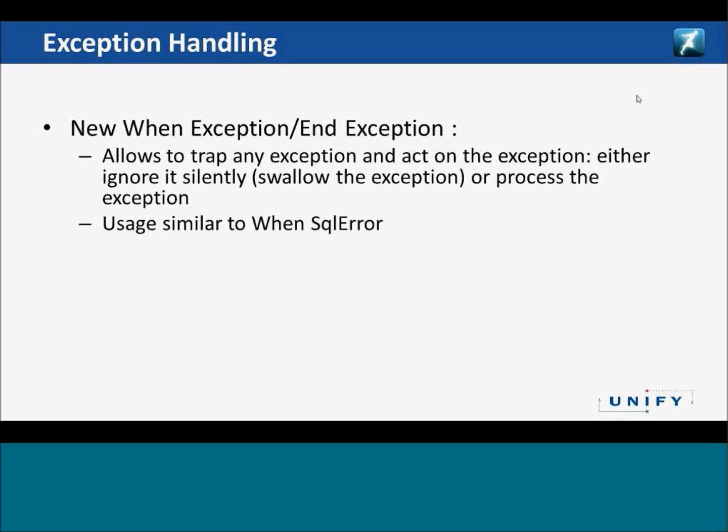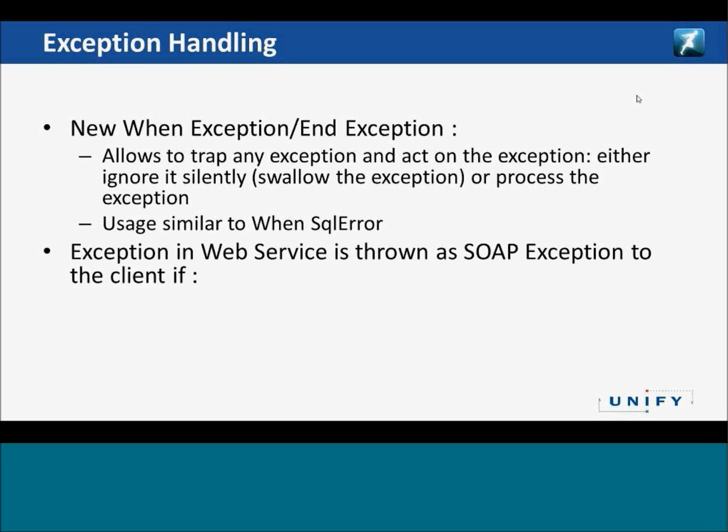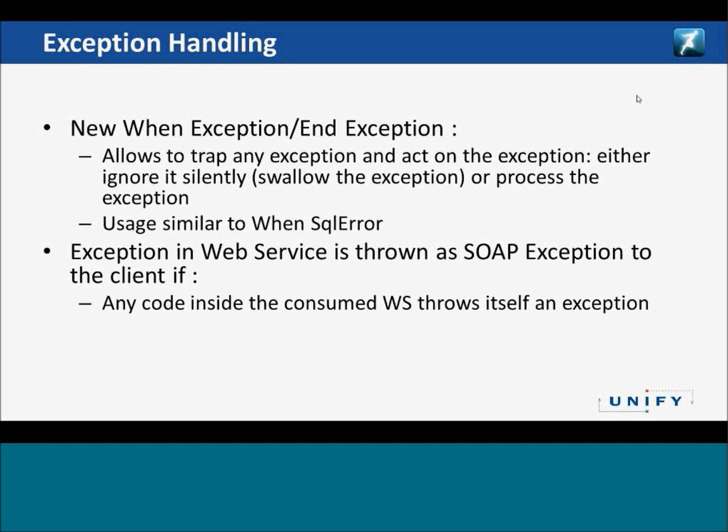The usage is similar to when SQL error, and every exception in the web service is thrown as a SOAP exception to the client, if any code inside the consumed web service throws an exception itself, of course, and the exception is not handled by the web service. So if something's going wrong in the web service remotely and isn't handled remotely, then it will be told to the client that something has gone wrong, and you need to handle that exception.